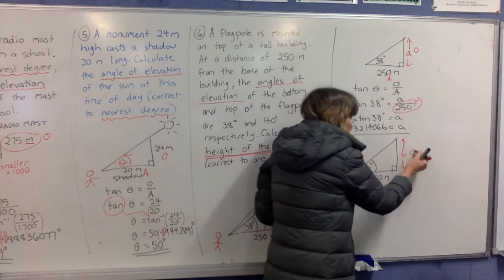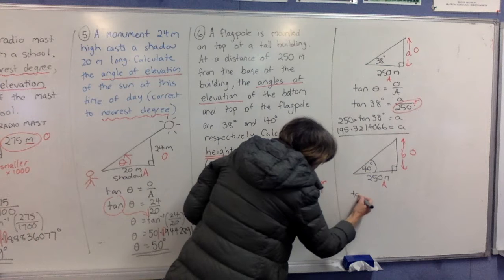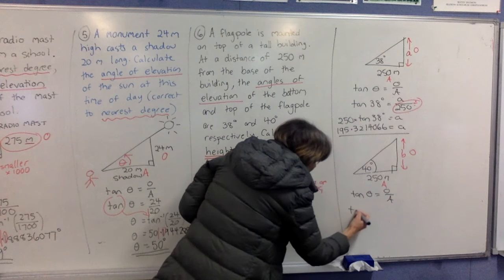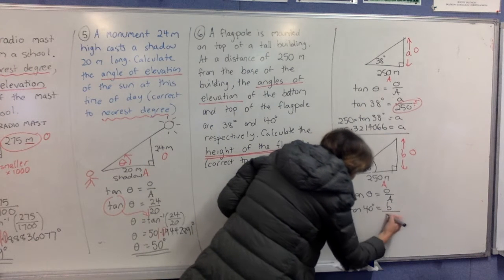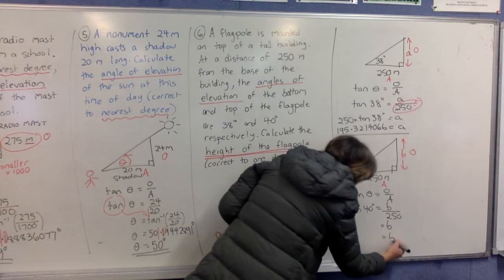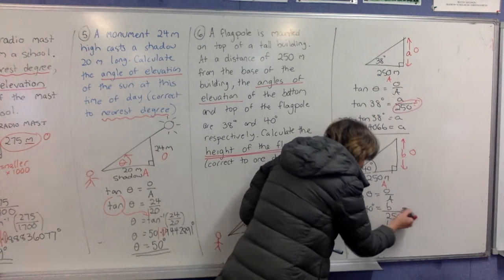So we've got an opposite side and an adjacent side, and again we're finding tan. We're using tan. Tan theta equals O over A, tan 40 degrees equals B over 250. So we want to get the B by itself first. Get rid of the divided by 250.